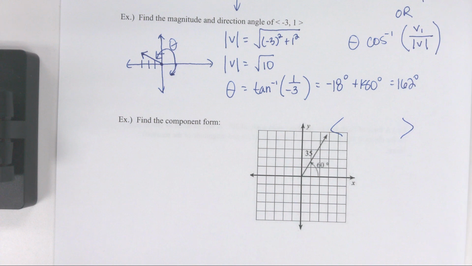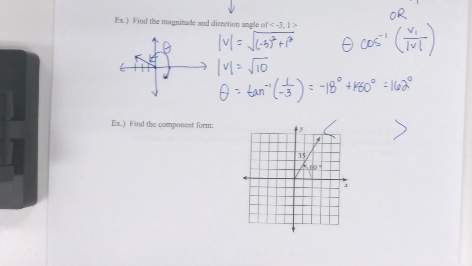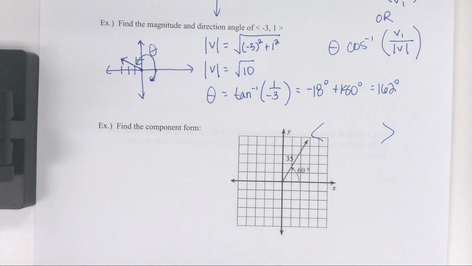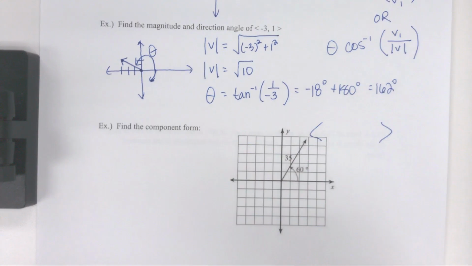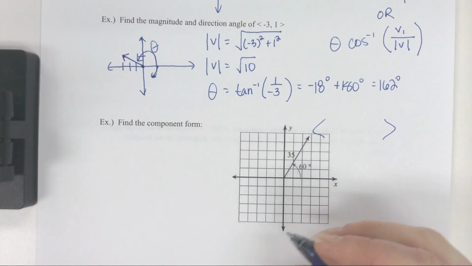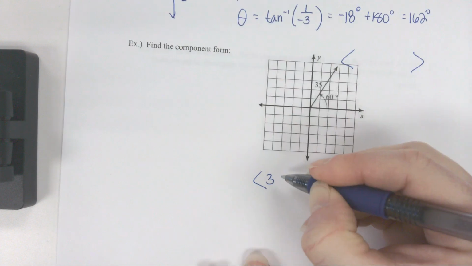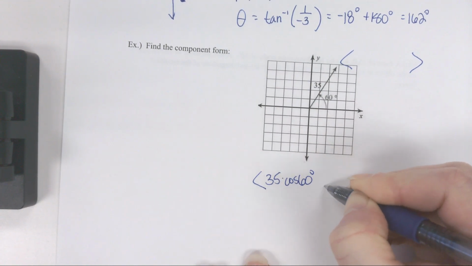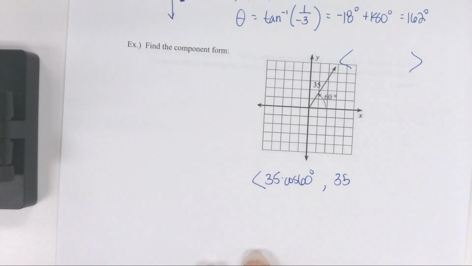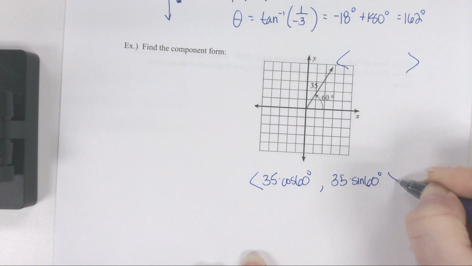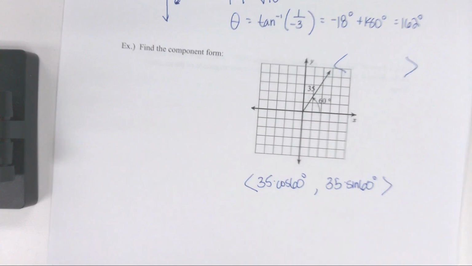So what's the magnitude of the vector? It's written right on it. 35. This 35 here means it's got a length of 35. And what's the direction angle? 60. So the horizontal component would just be 35 times cos of 60. And the vertical would be 35 times sine of 60. Let's do that.